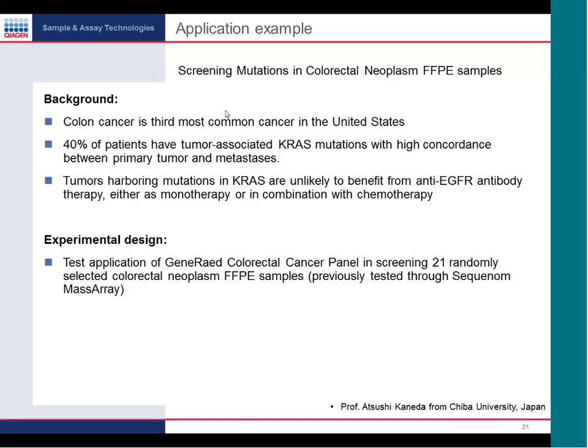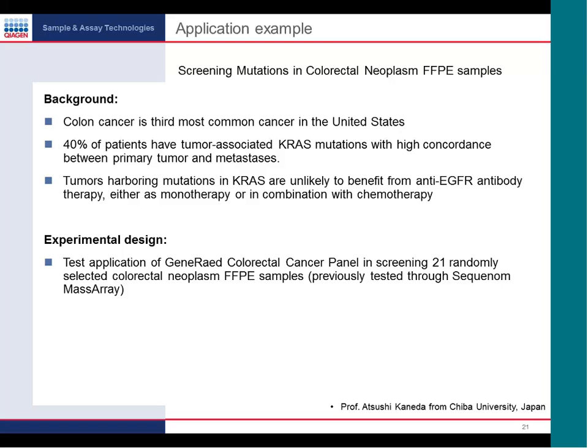Just to give you a little background, as most of you must know, colon cancer is the 3rd most common cancer in the US. And 40% of patients have the KRAS mutation associated with this tumor. If the patient has a KRAS mutation, they are unlikely to benefit from EGFR inhibitors.